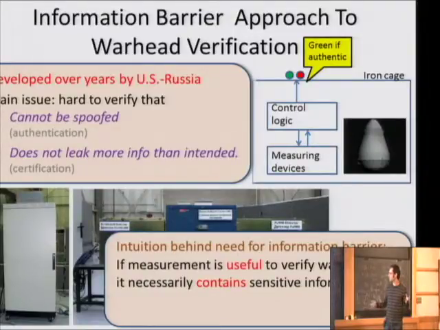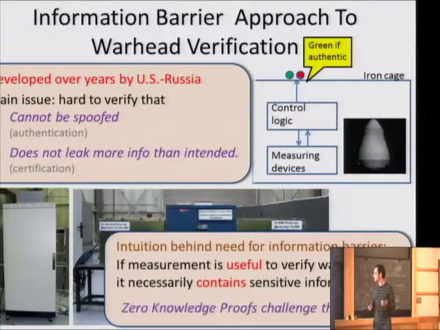So the intuition behind the need for an information barrier is the intuition that we had before: if the measurement is useful to verify the warhead, it must contain the sensitive information, and therefore it needs to be protected in an information barrier. And we can see that zero-knowledge proofs really challenge this intuition. They say that sometimes you can somehow prove that the thing is authentic without revealing any information.